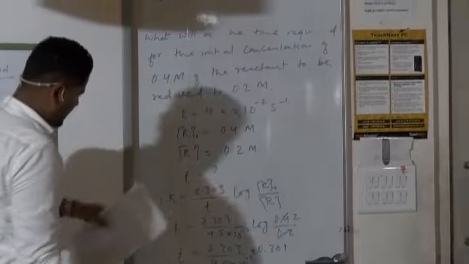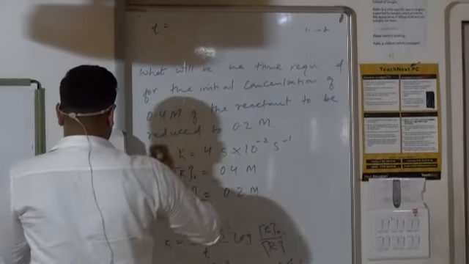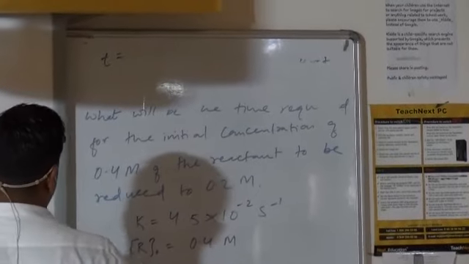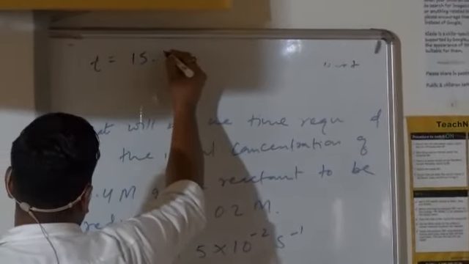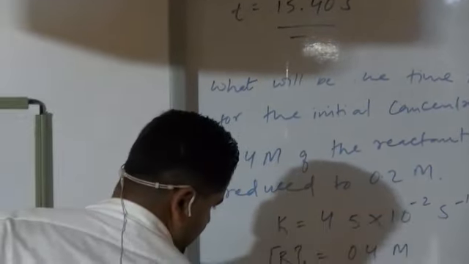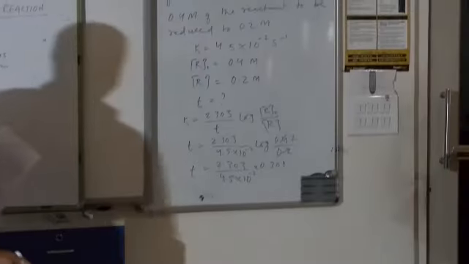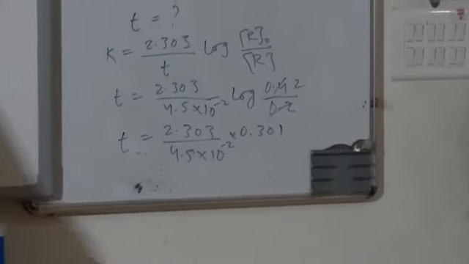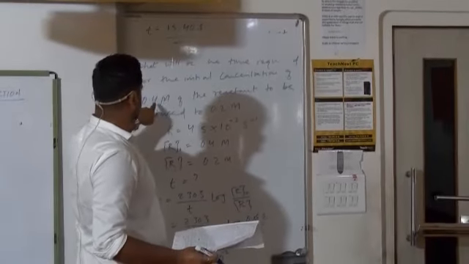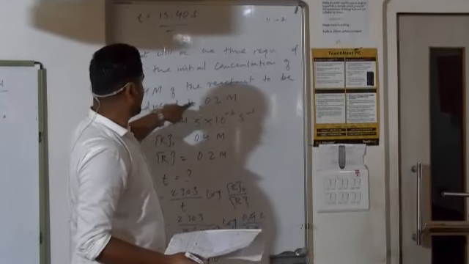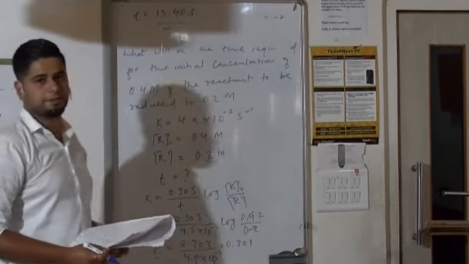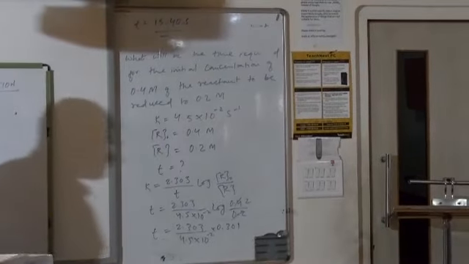T is equal to around 15.40 second. Okay, calculate this using calculator. So T, the time required for the initial concentration to reduce from 0.4 molar to 0.2 molar, is 15.40 second. Got it? This is very simple one.